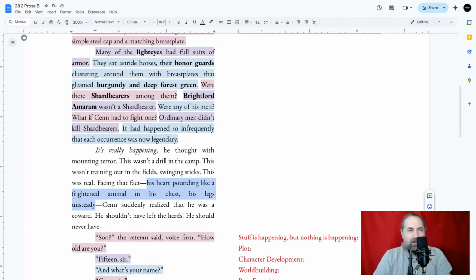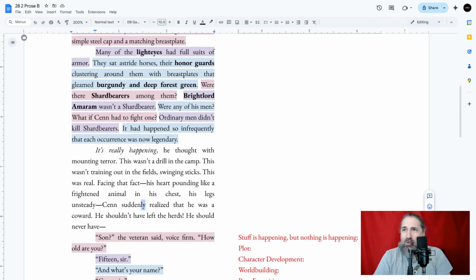This is Brandon Sanderson. Write the heart is pounding. You know what I'm saying? But he did it like a simile, like a frightened animal in his chest, because that's his voice, right? So the frightened animal in his chest is his unique voice as a writer. His legs unsteady is a very common thing to say about that, right?